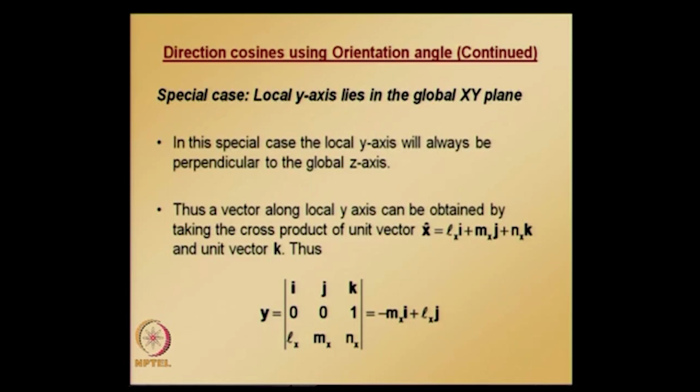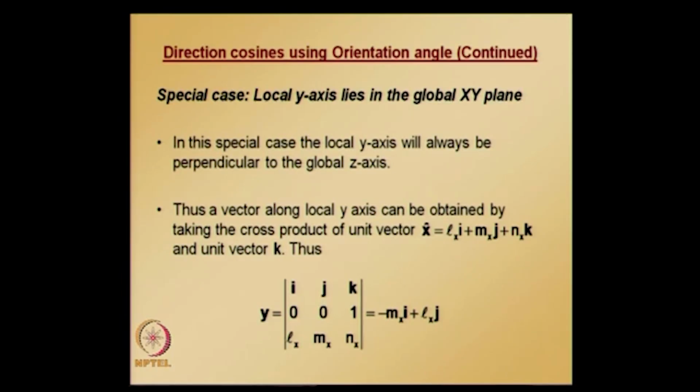Please note that a unit vector along x axis is given by i, along y axis by j, and along z axis by k.